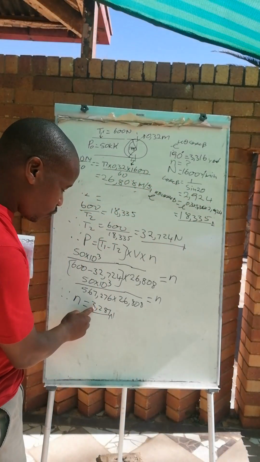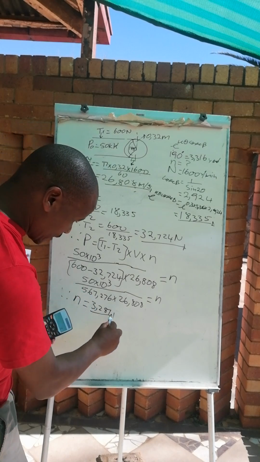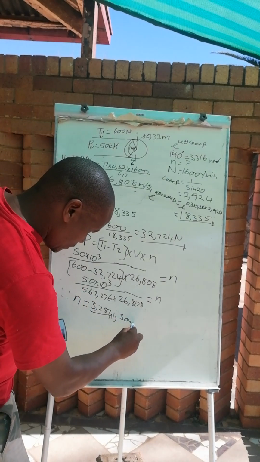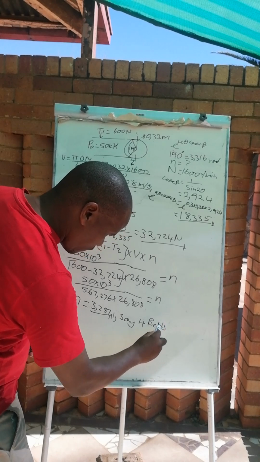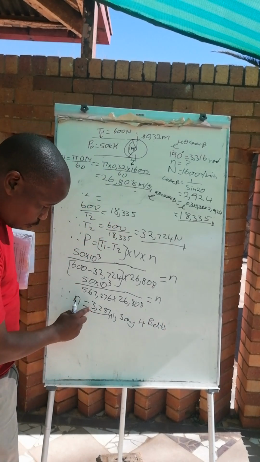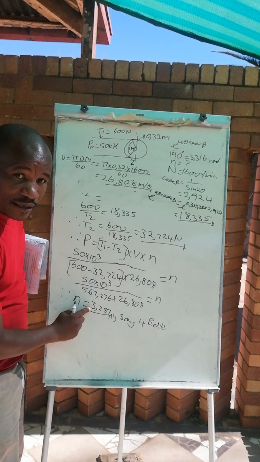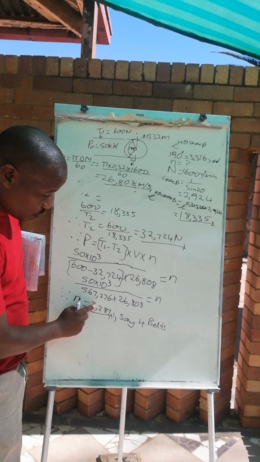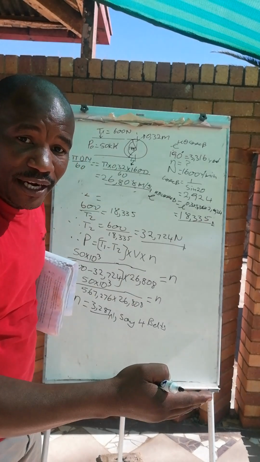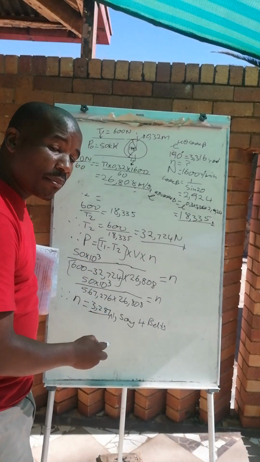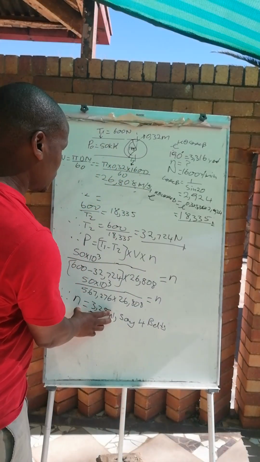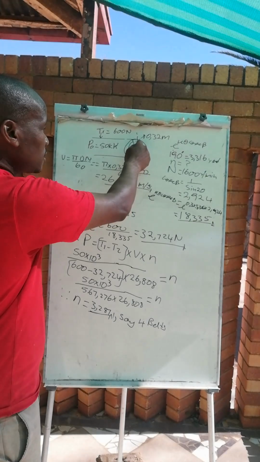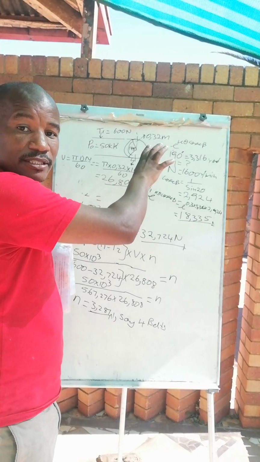So because it's 3 something, for the number of belts you will say 4 belts. If it was 2.014, you will say 3 belts, and so on. This is the number of belts required to be used on those two pulleys.